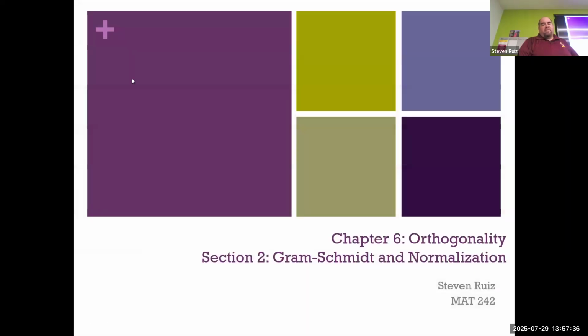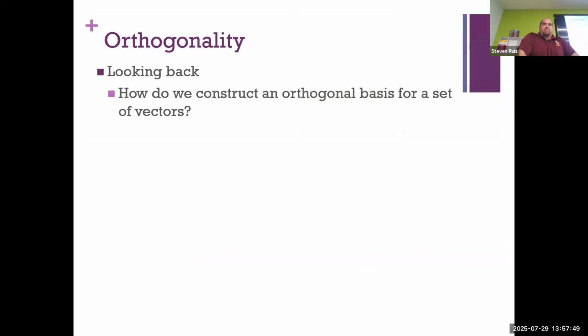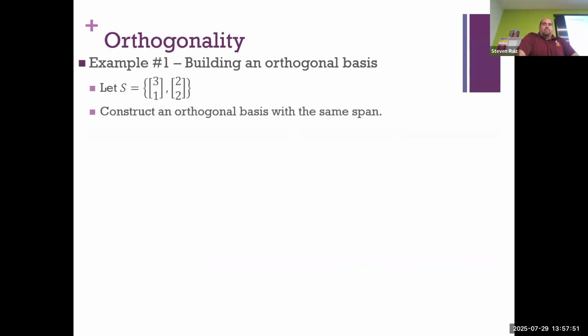So going forward, especially in this chapter, we're going to talk about how orthogonal bases have a lot of benefits you can use if your bases are orthogonal. So let's talk about how to construct them. I have 2 vectors, (3, 1) and (2, 2). I would like to make a basis for the same span whose basis is actually orthogonal.